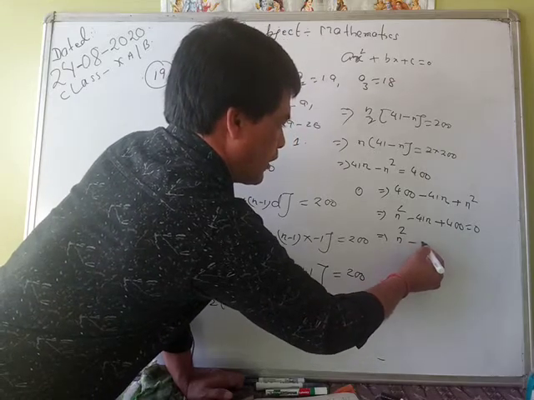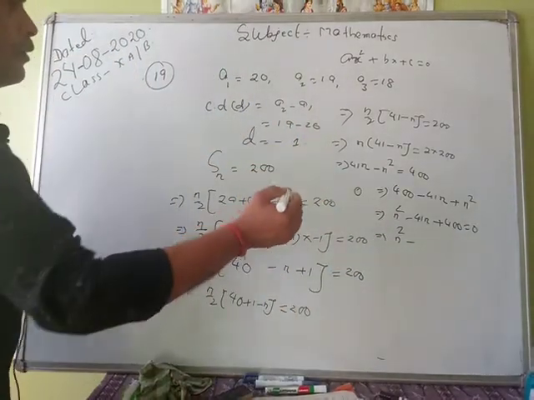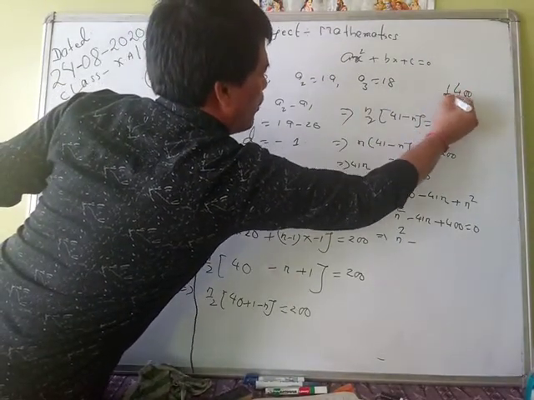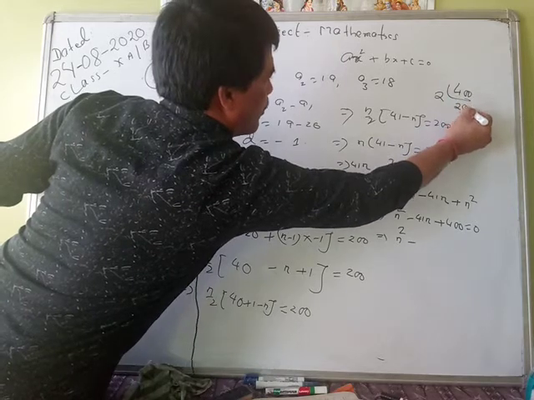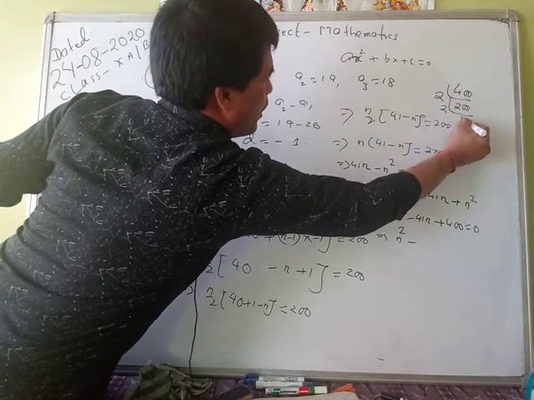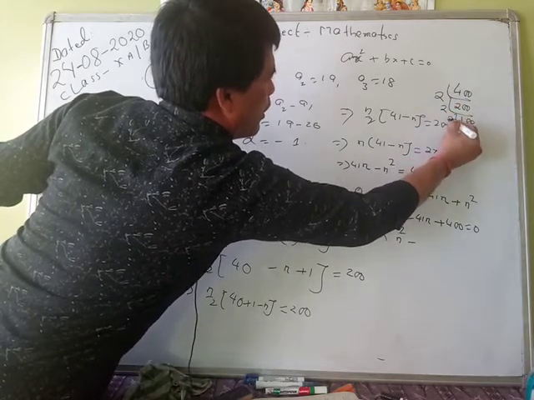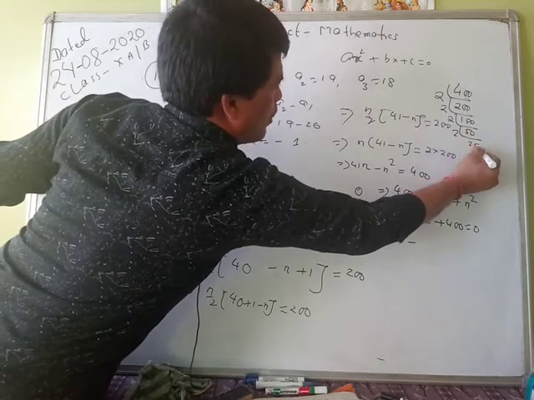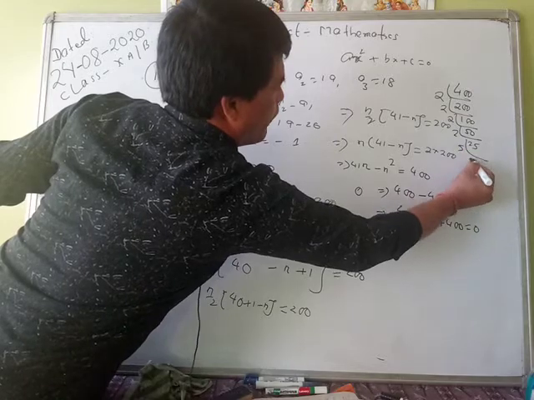कति कति त भन्दाखेरि हामीले पहिला के गर्नु, 400 लाई एलसीएम गर्नु. 2 to the 4, 200, 100, 50, 25, 5.